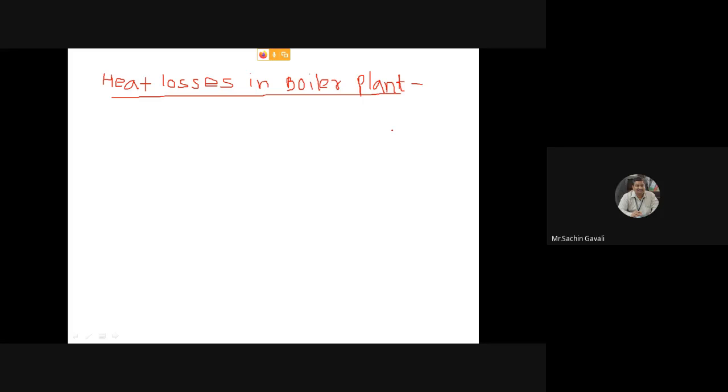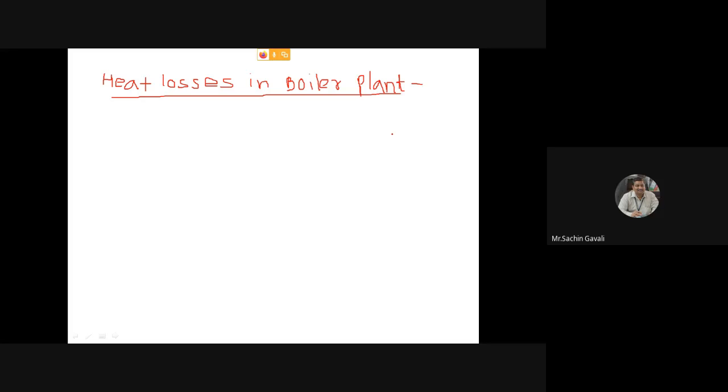Some amount of it always goes in the form of losses from the boiler plant.